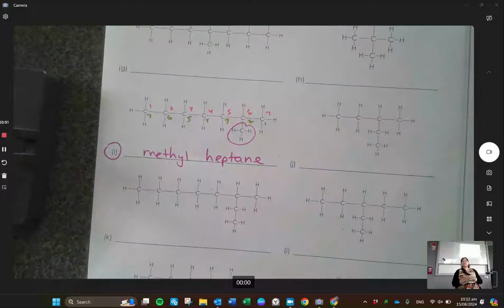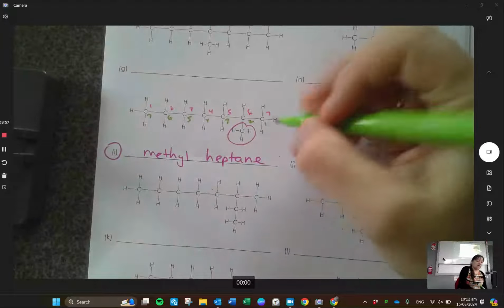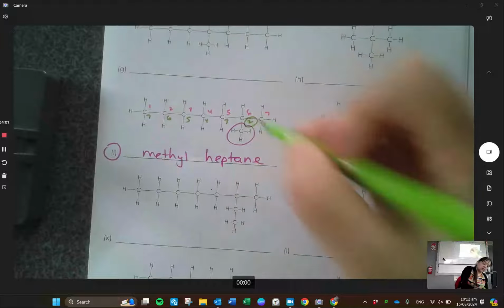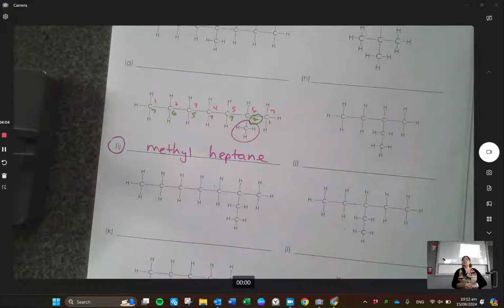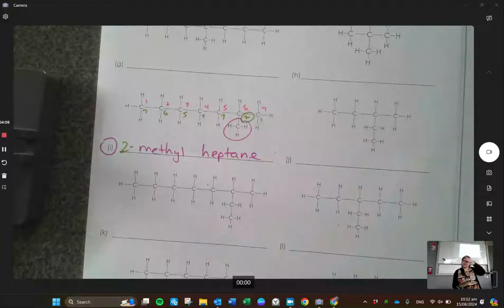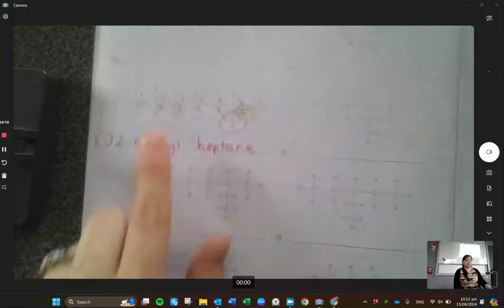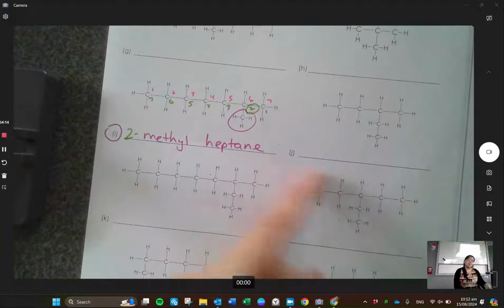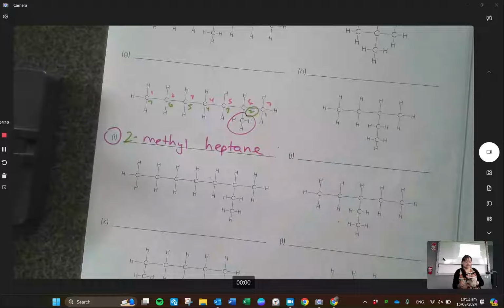I want to give it the lowest number possible, because that's the rules. So if I had a choice between going with 2 or 6, I'm going to go with the 2, because that is the lower of the 2 numbers. So it's 2-methylheptane. If I wrote 6, then it's actually on this carbon here. Or then I would actually renumber it. Sorry, ignore that.